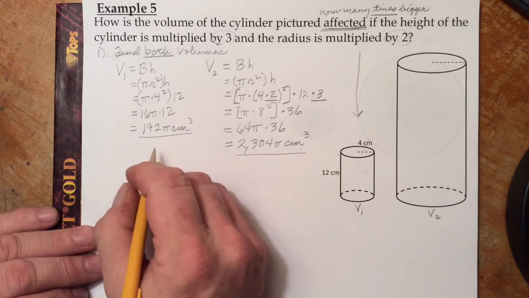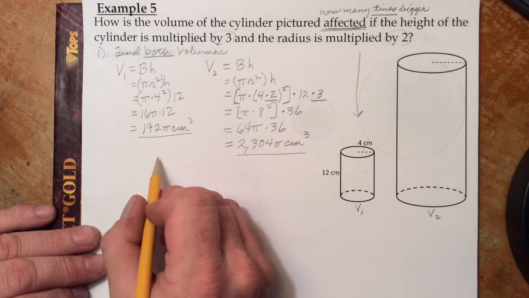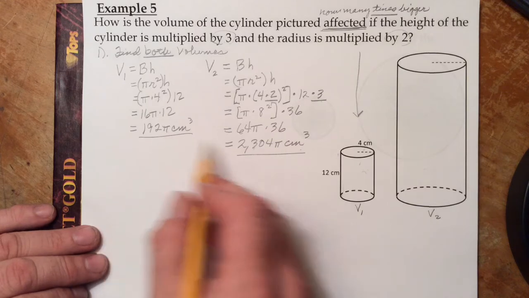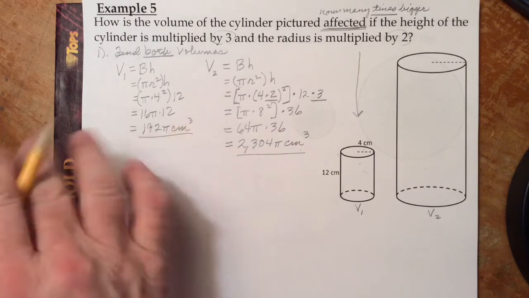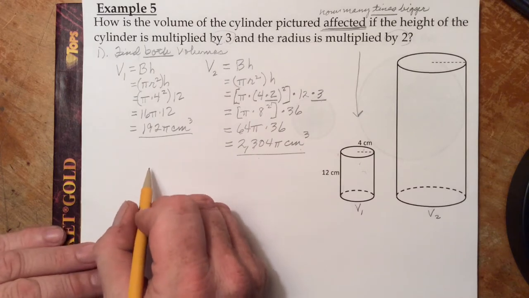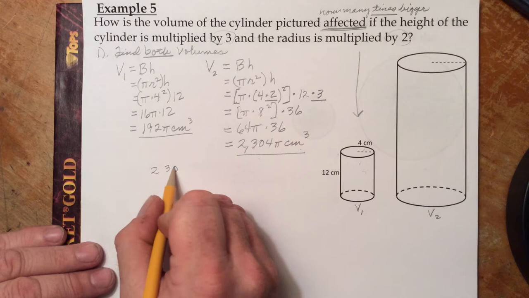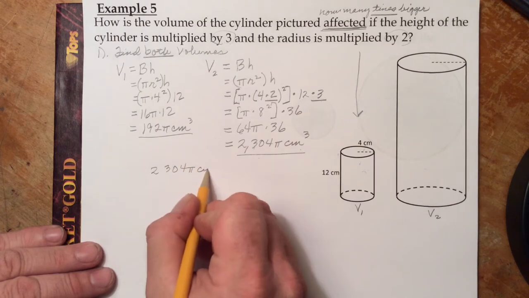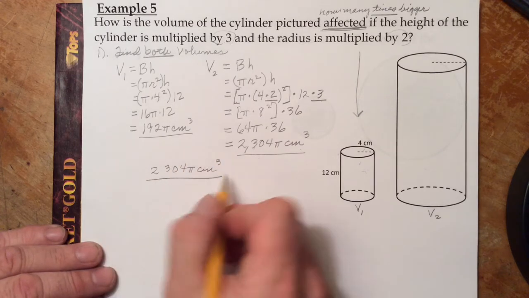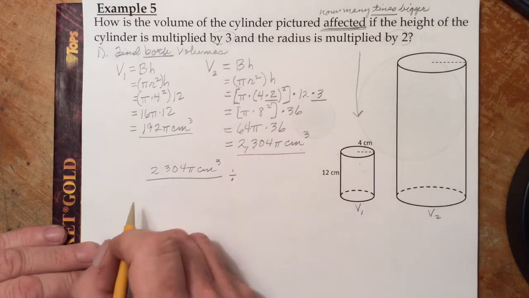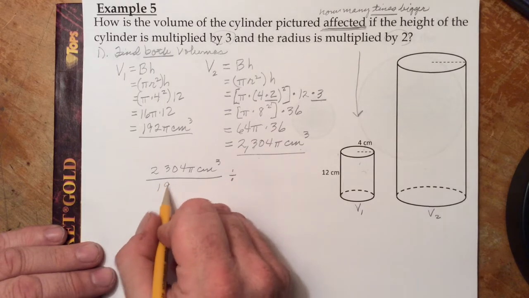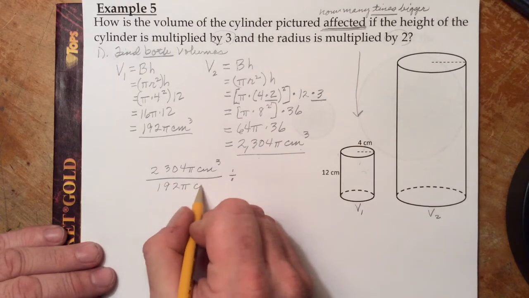We do this by dividing. Another way is to create a ratio of the two, from one to the other. So we write the larger one, 2,304 pi cubic centimeters, and divide by 192 pi cubic centimeters.